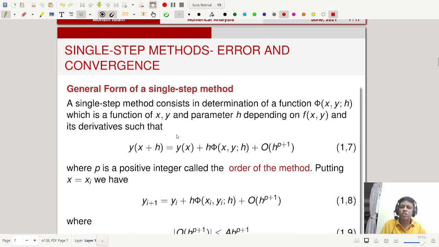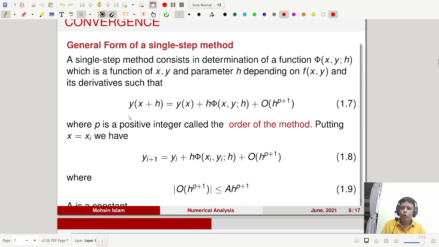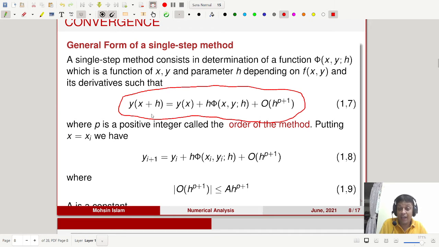Now, let's come to the single step methods. We will talk about error and convergence. So let's write the general form of a single step method. A single step method consists in determination of a function phi, which is a function of x, y, and the step length h, and depends on f(x, y) and its derivatives, such that y(x+h) is given by y(x) + h phi(x, y, h) + order of h to the power p+1.